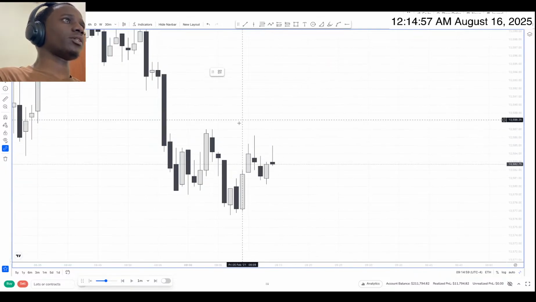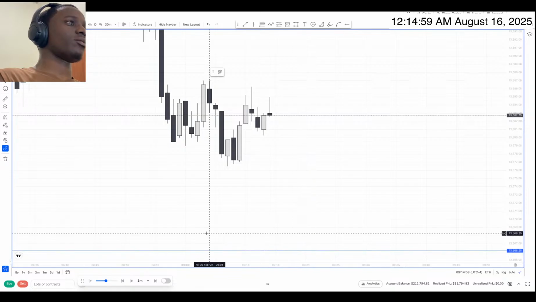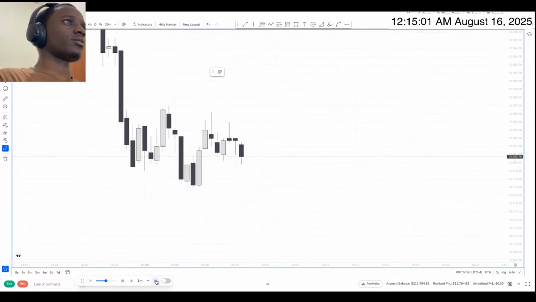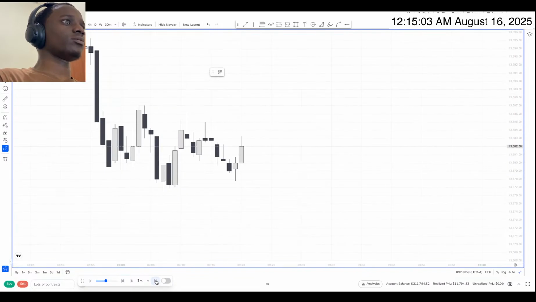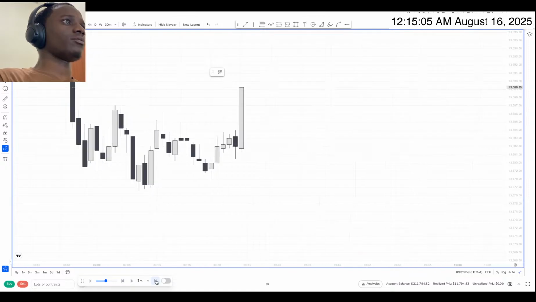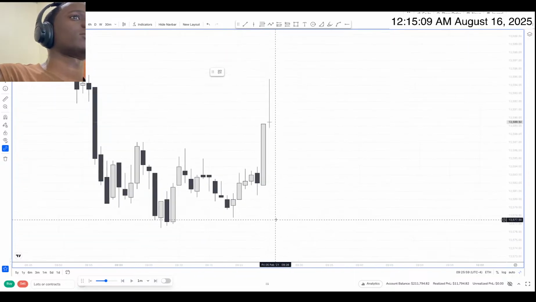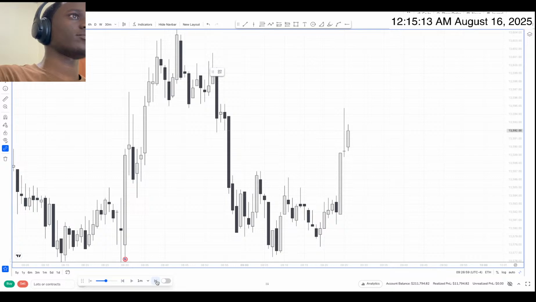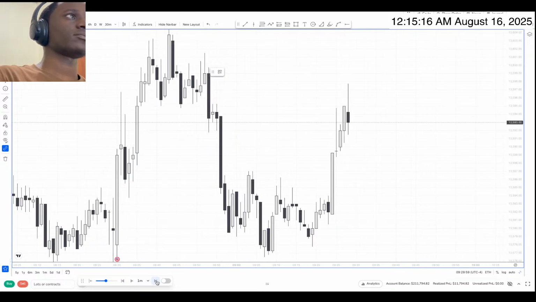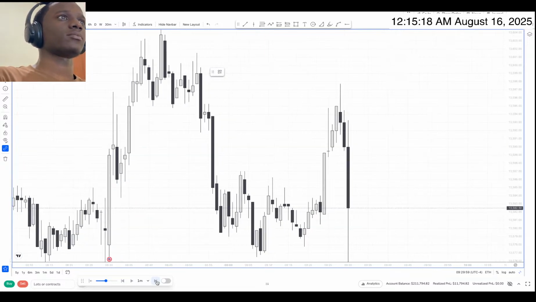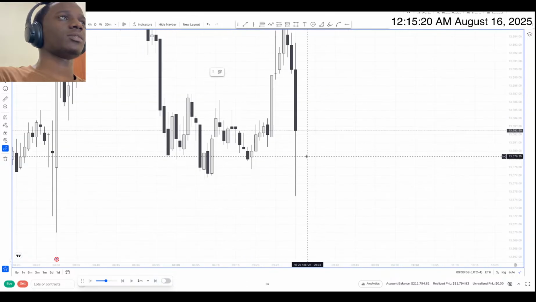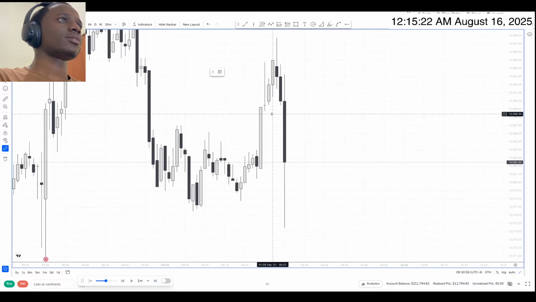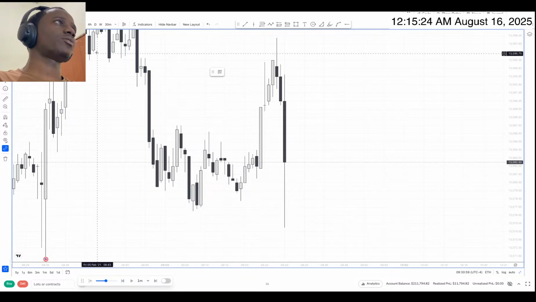I'd like to see a push higher, take out this high, and then target the downside. Boom. Get that move at 9:25. Very crazy. And at 9:30 it drops there, creating this huge inversion.